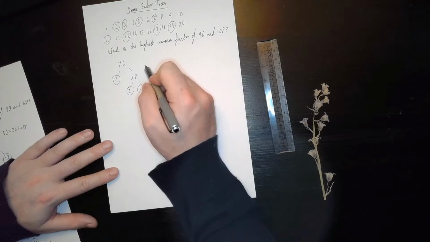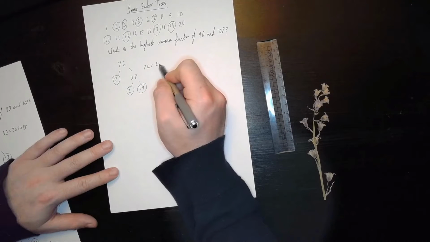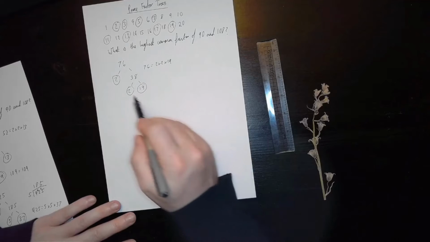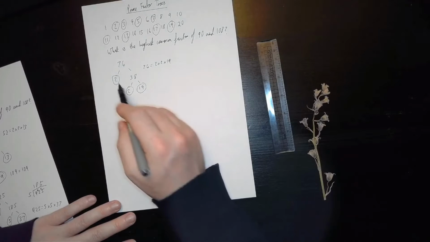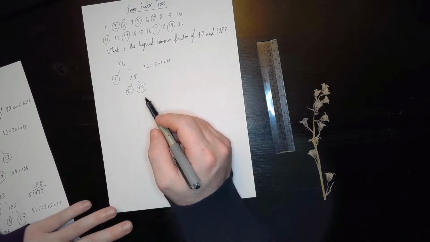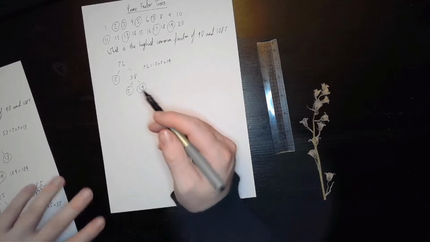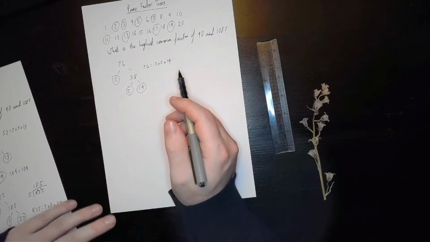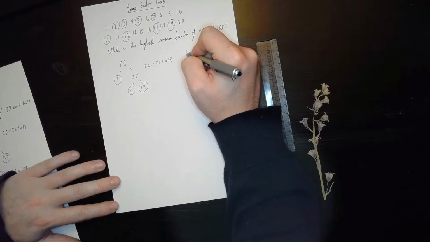So 76 is 2 times 2 times 19. So primes are like the atoms in numbers, they're indivisible. Okay, atoms have protons, electrons and neutrons, but primes are indivisible.